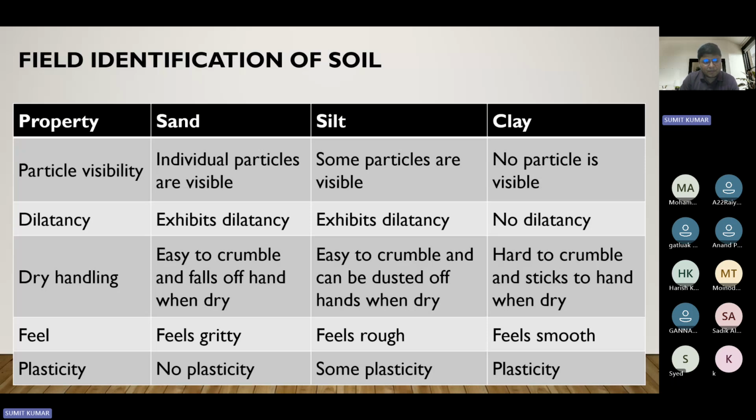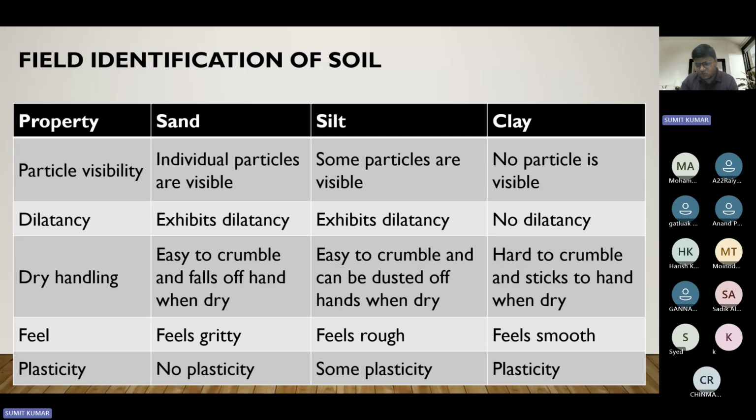So when we talk about the particle visibility, in sand the individual particles are visible. Like if you see any construction work, when you bring the sand, you can see the small particles themselves. While in a silt, some particles are visible, but in a clay, no particle is visible as an individual.